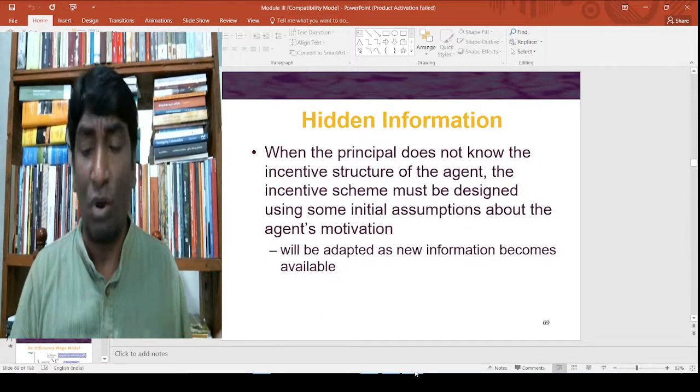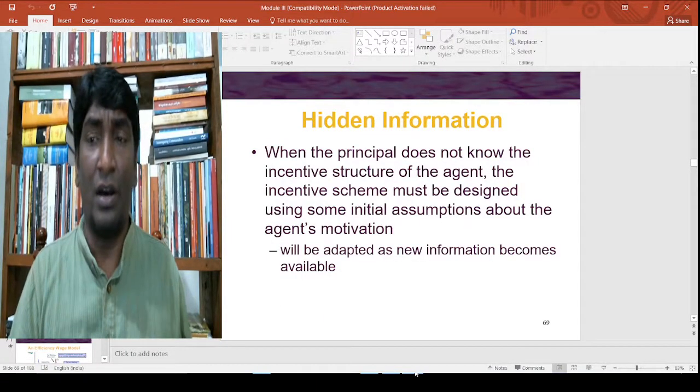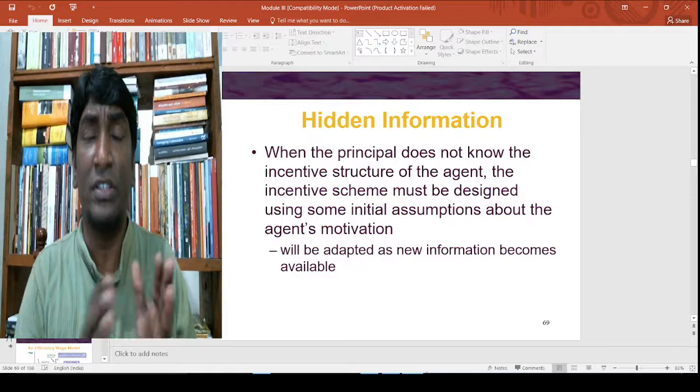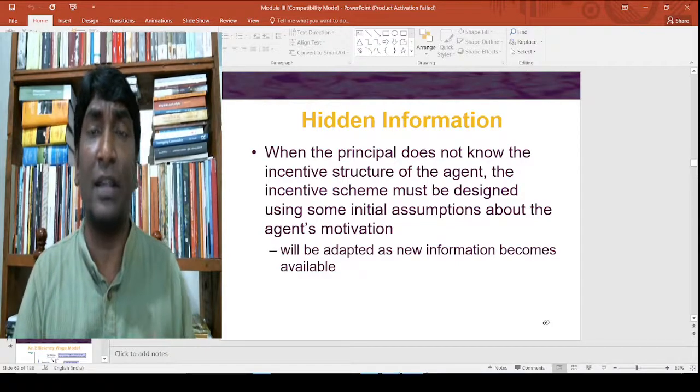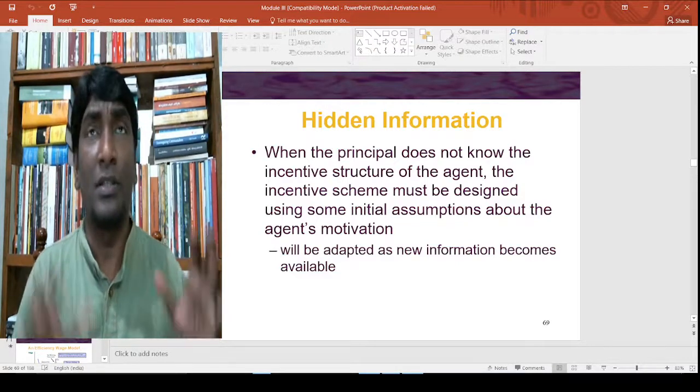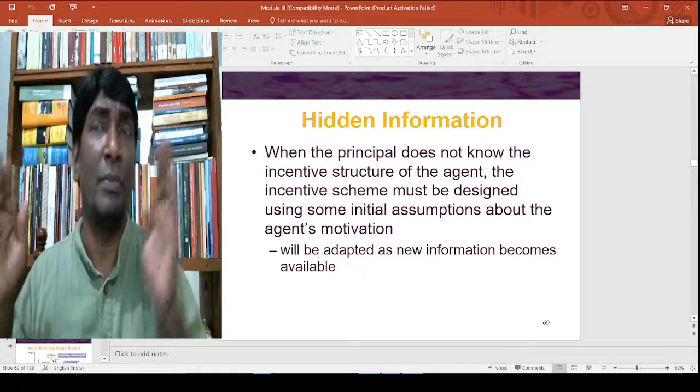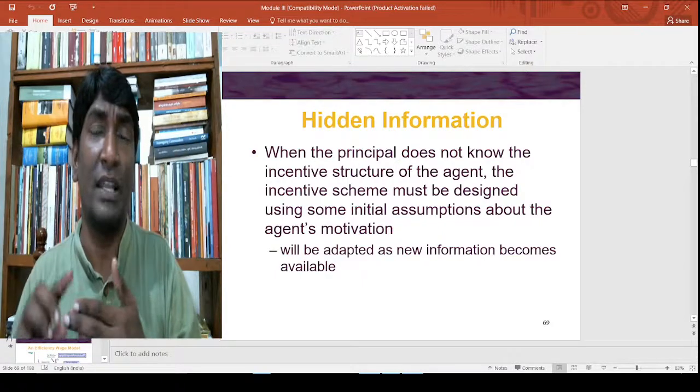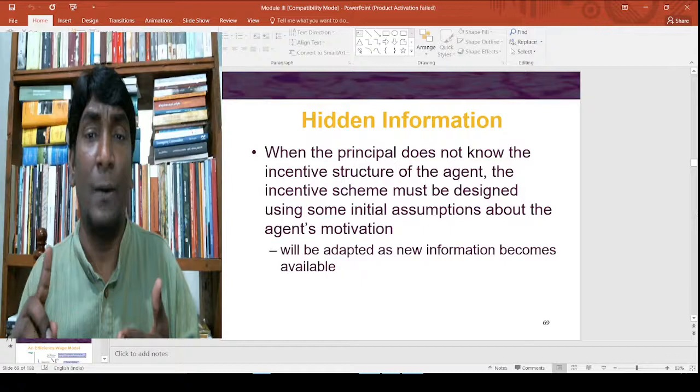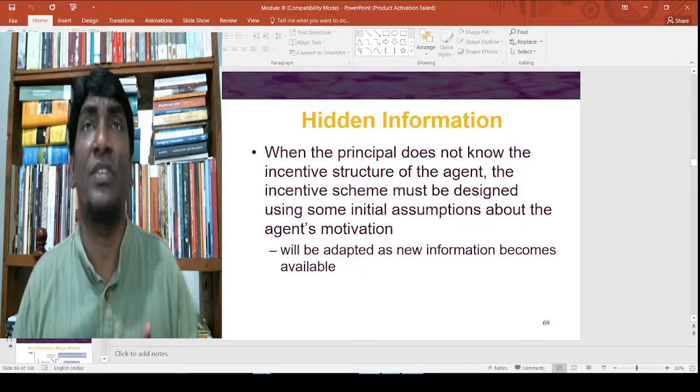Now, this is what is called efficient wage theory, which I am supposed to talk about. So let me discuss efficient wage theory in the next lecture itself. This is also to keep in mind that this is a continuous lecture, because in the very beginning we started with information and then moved towards different kinds of information asymmetry.